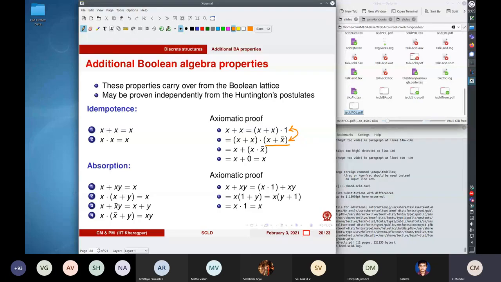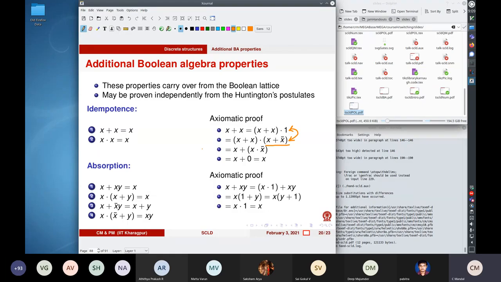You're applying distributivity. So this way you are able to prove that x or x is x. So these are certain proofs that you can achieve through Huntington's postulates.